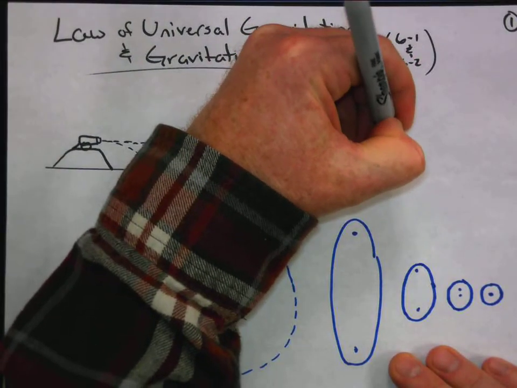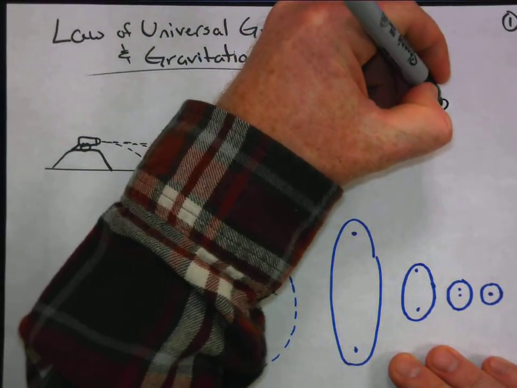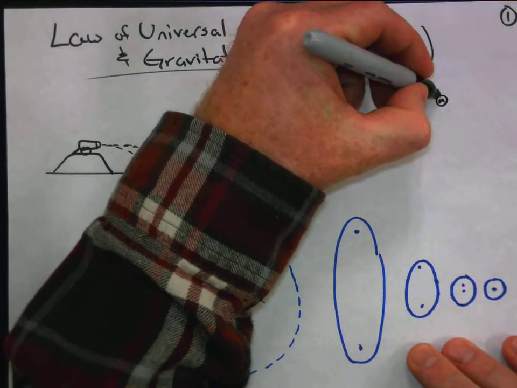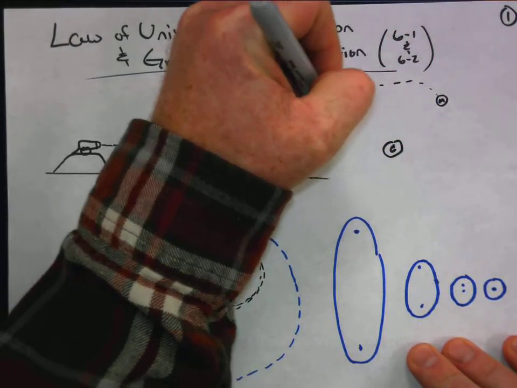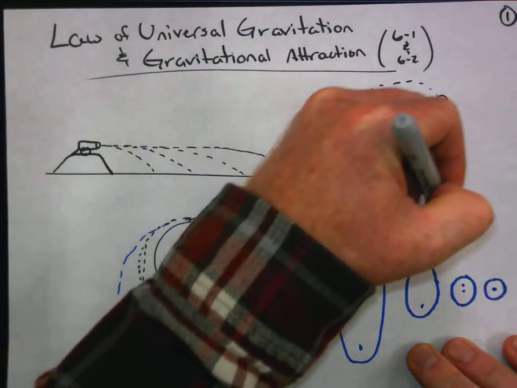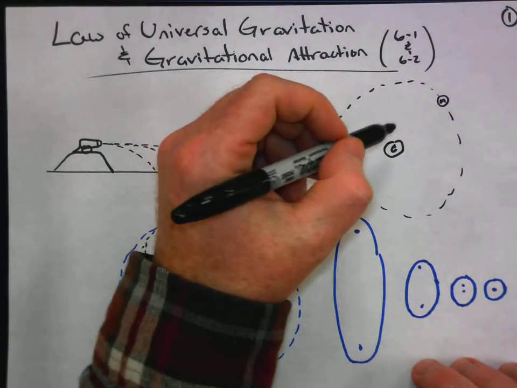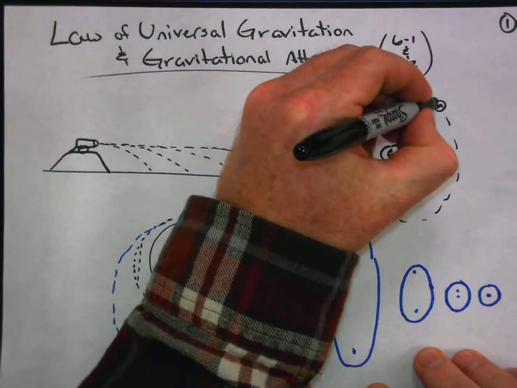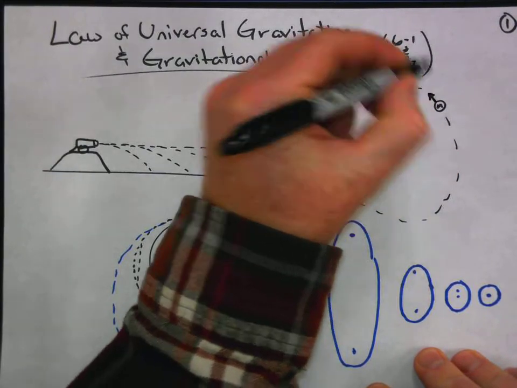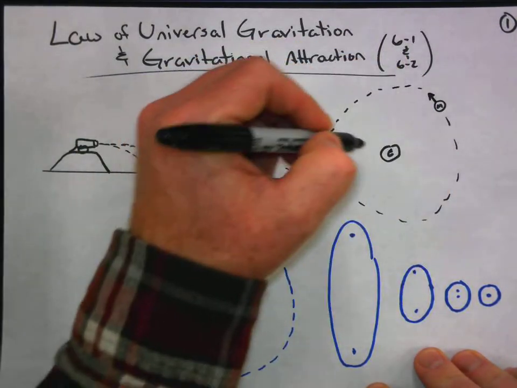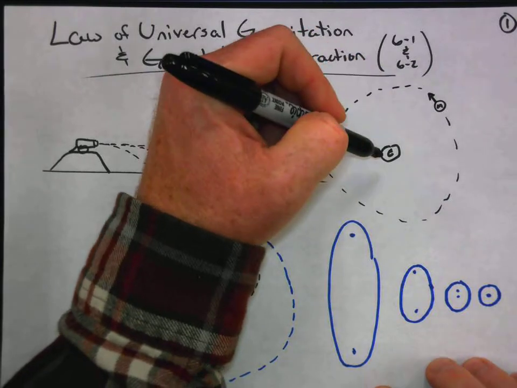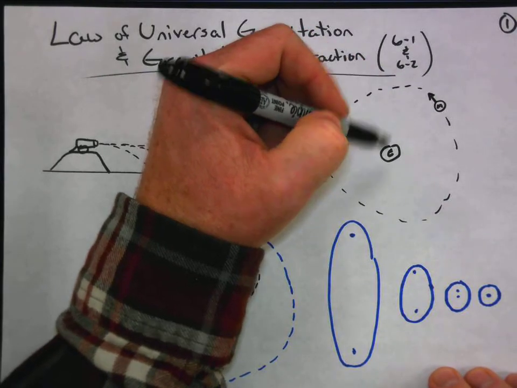We have the Earth and we have the moon, and the moon is orbiting Earth. The orbit is mostly circular, though not quite. But as the moon travels in its orbit around the Earth, it is falling toward the Earth. It is just not getting any closer. It's completely missing it.